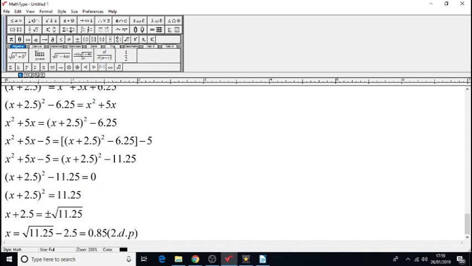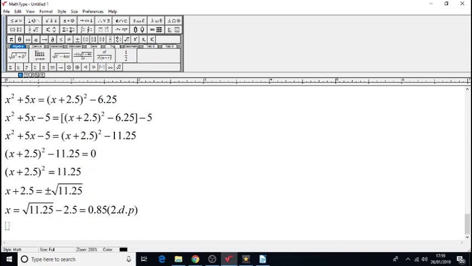So we've worked out one solution. Now the second solution: negative square root of 11.25 minus 2.5.